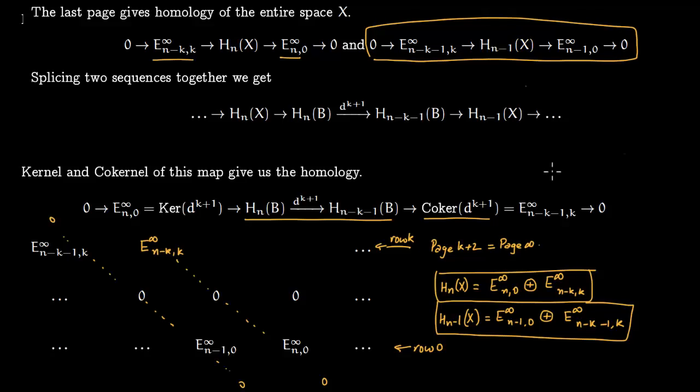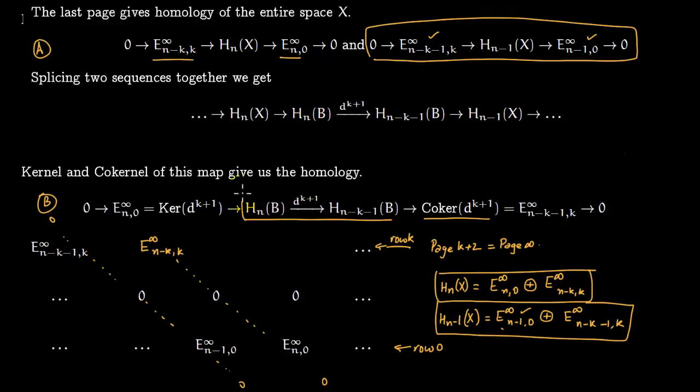So this is Hn−1(X). This term you're writing right here. This term we are writing right here. So nothing much. Now you can splice this sequence, say this is sequence A, with this sequence B. So now notice you have this map, and if you splice these two sequences, you get this sequence.